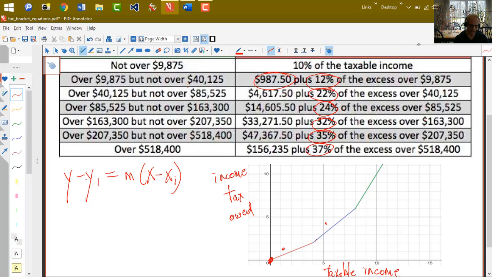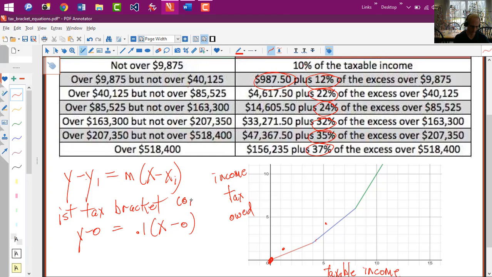So for the first tax bracket, we know that (0, 0) is a point on the line, and the slope is 0.1. So we get y minus 0 equals 0.1 times x minus 0, because x1 and y1 are 0, 0. What does that amount to? If you simplify that, you get y equals 0.1x.